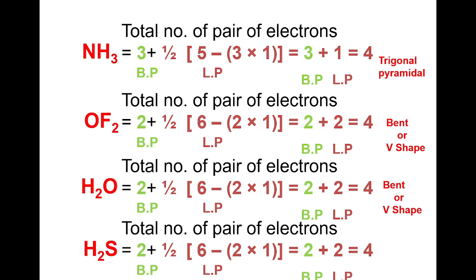Here, to predict the shape of a molecule, you have to always remember the number of bond pairs and lone pairs corresponding to the structure. So if the number of bond pairs is 2 and the number of lone pairs is 2, then the shape of the molecule will be bent.